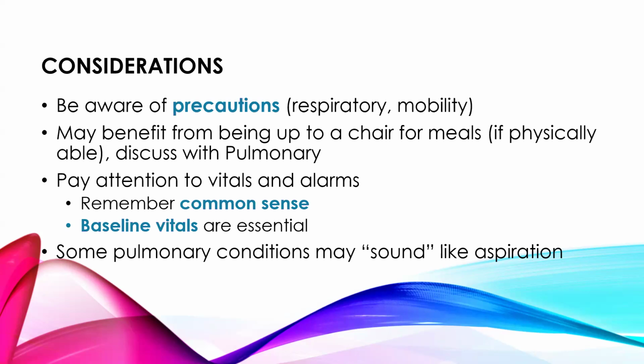What's going on? I better go get the nurse. I wonder if they're aspirating. You kind of start to panic, but then you look back in the chart or talk to the nurse and they say, oh no, they're always at 90 or 92. And then it's like, oh, okay, that's just their normal. So you always want to know what that person's normal is, because 100% might not be normal for everyone, especially people with pulmonary conditions.